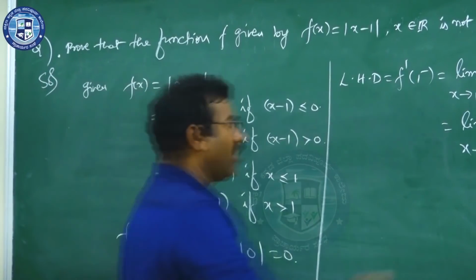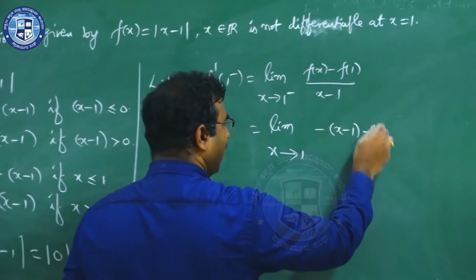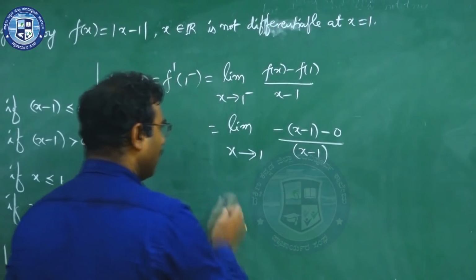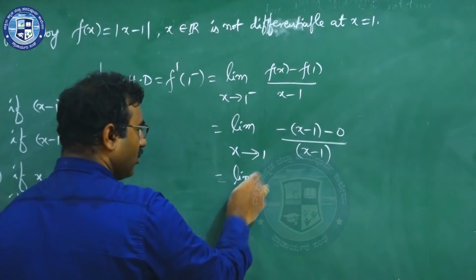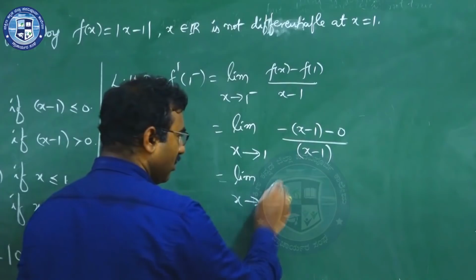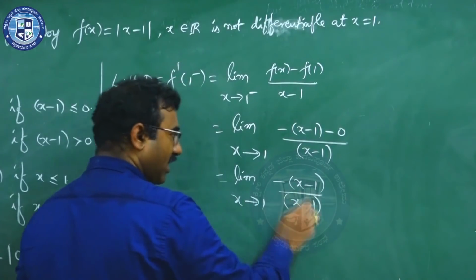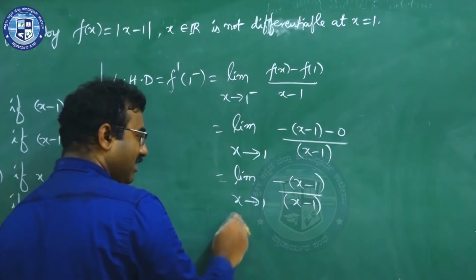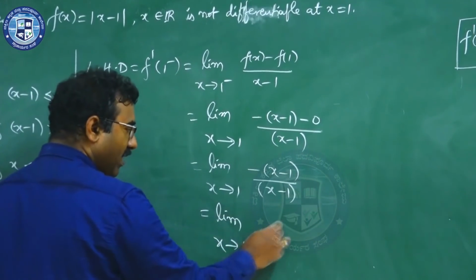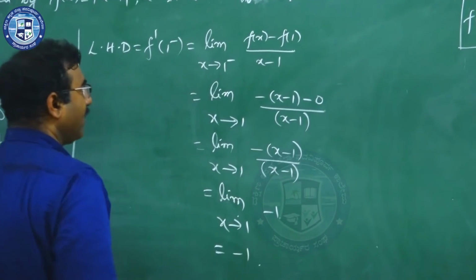Minus of (x minus 1) minus f of 1, which we got as 0, divided by x minus 1. So, limit x tends to 1 minus of minus (x minus 1) divided by (x minus 1). The x minus 1 cancels, and you are getting minus 1. So, the limit of a constant is again the constant, here minus 1.